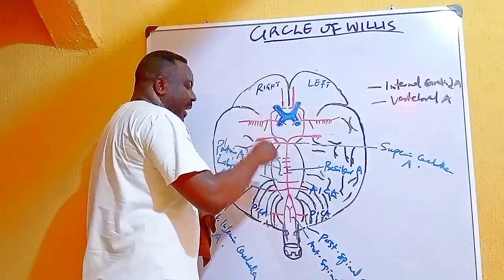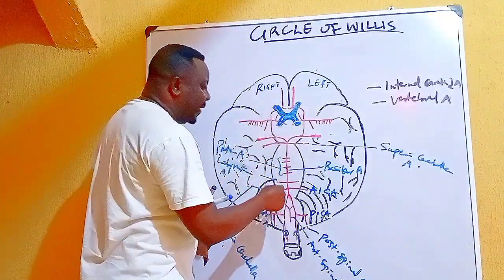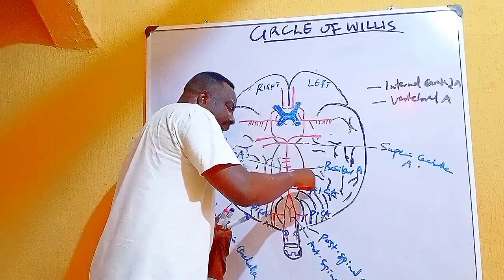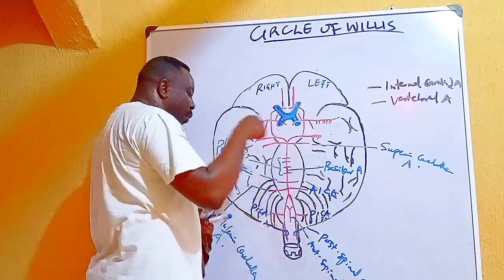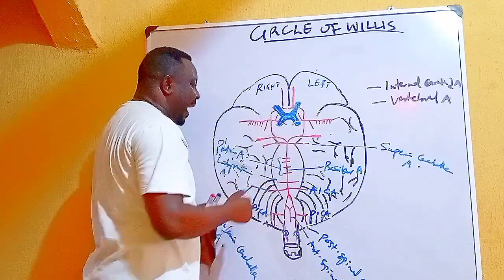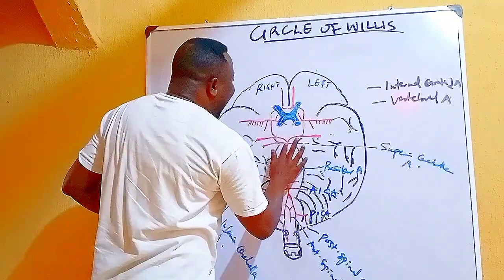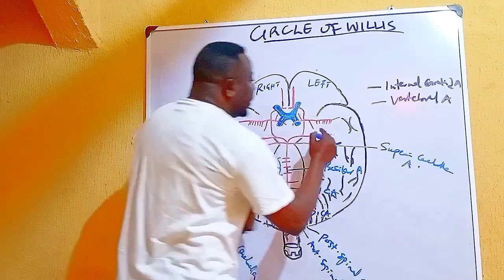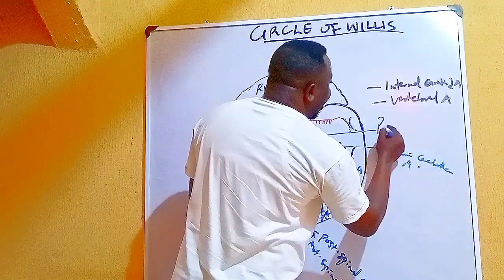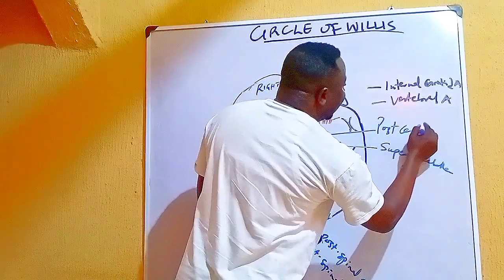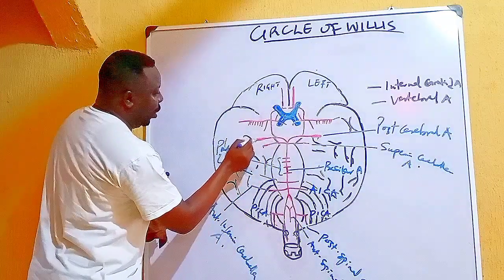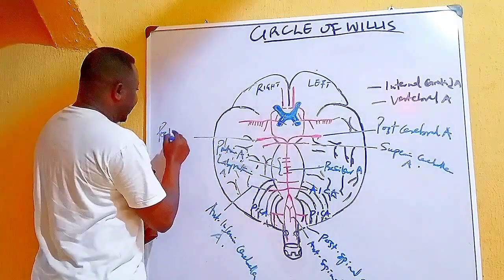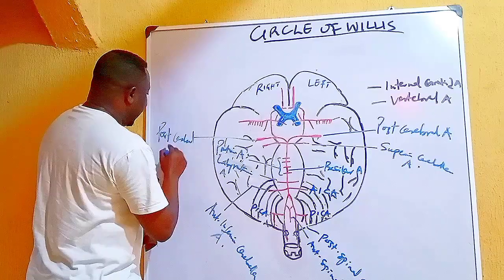The inferior cerebellar artery is two: we have the anterior inferior cerebellar artery, and then we have the posterior inferior cerebellar artery. Now, the basilar artery terminates as the posterior cerebral artery.